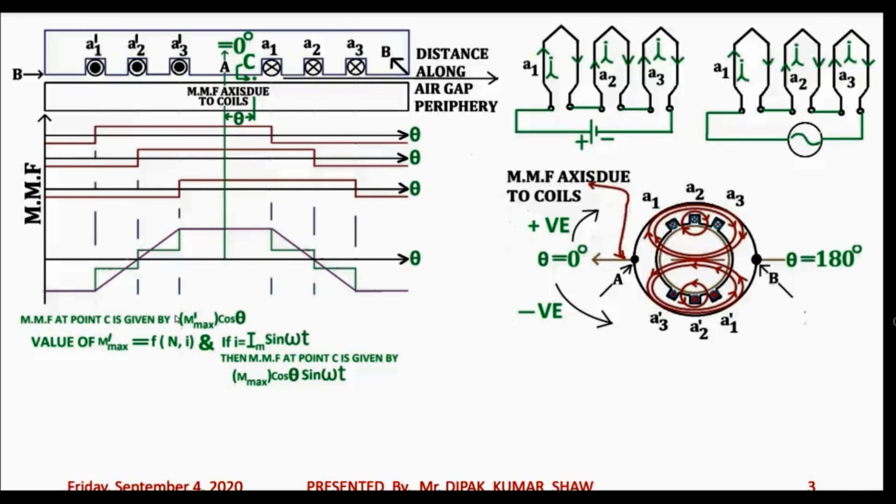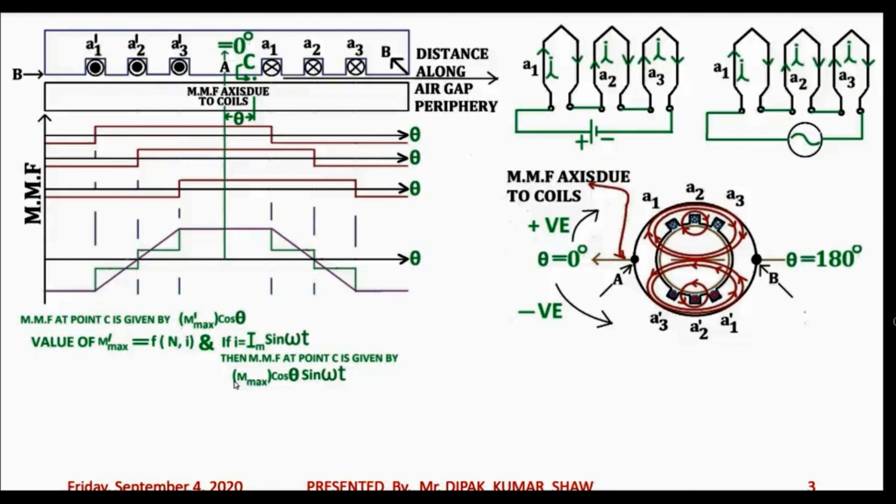So if current is sinusoidal, the value of m dash max will itself change with time. So we say that MMF at point C is given by m max cos theta into sine omega t. This term m max cos theta sine omega t informs you that MMF in the air gap periphery is a function of both space angle theta as well as time, that is, it is dependent on sine omega t. And what is m max?